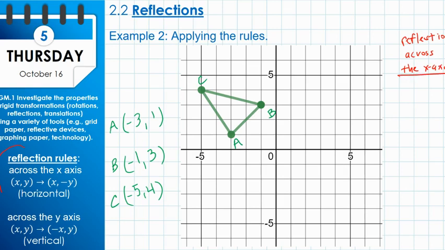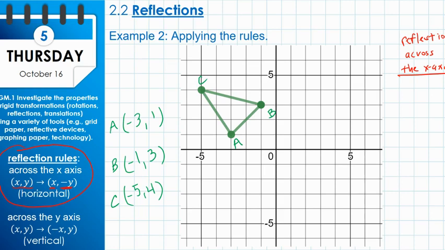The rule says I look at the original coordinates, x, y, and the y value becomes the opposite of the original coordinate. This does not say -y. Again, this says opposite y. Same x value, opposite y value.